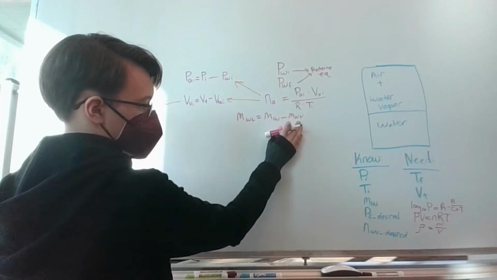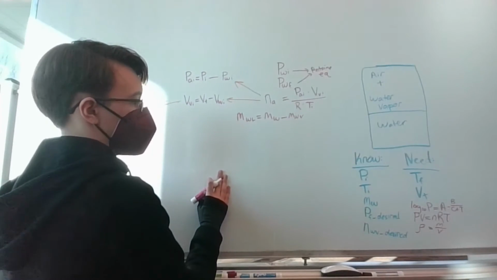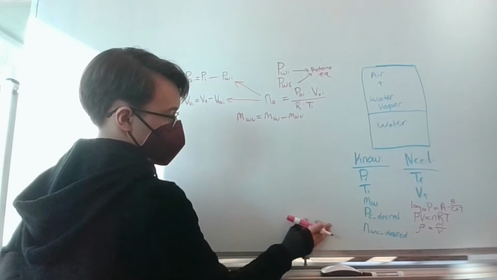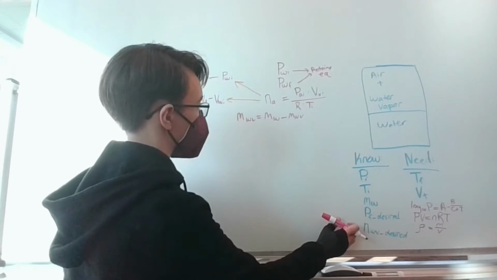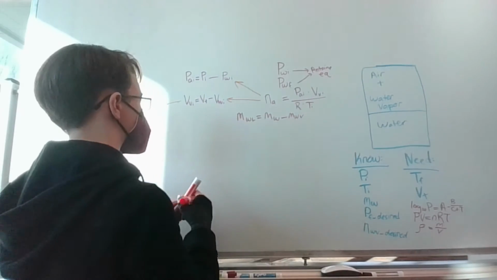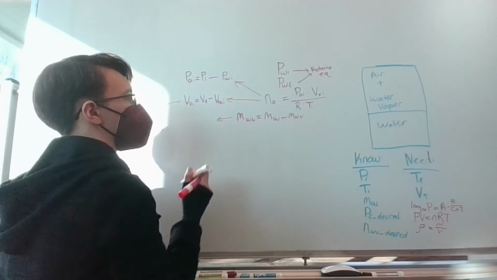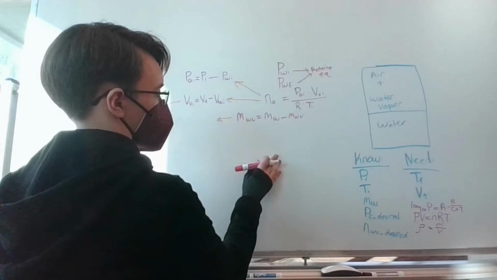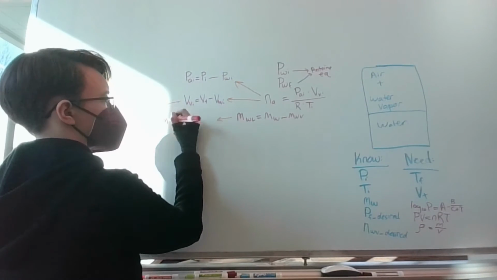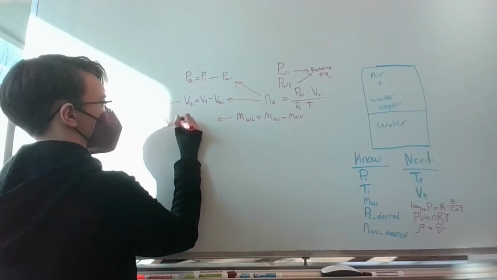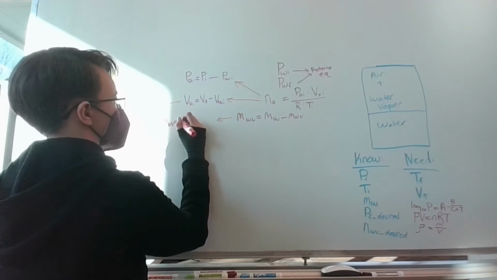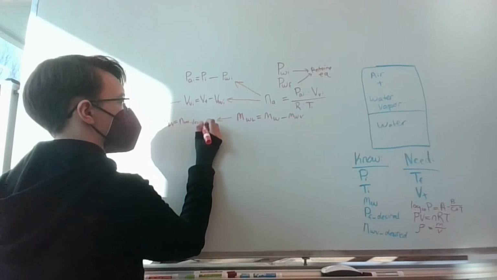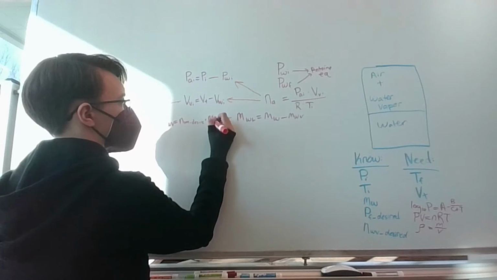We're going to need the mass of the water vapor. We don't know the mass of the water vapor, but we do know how many moles of water vapor we want. So mass and moles are related via the molar weight of the substance. So the mass of the water vapor is going to be equal to the moles of the water vapor that we desire times the molar weight.